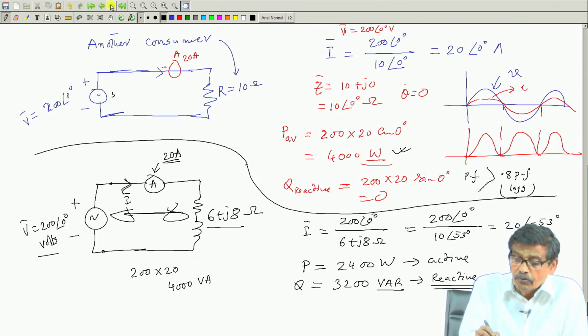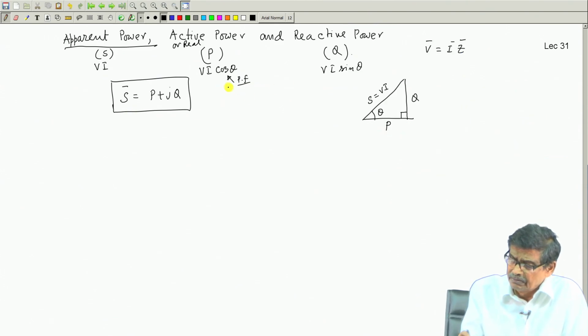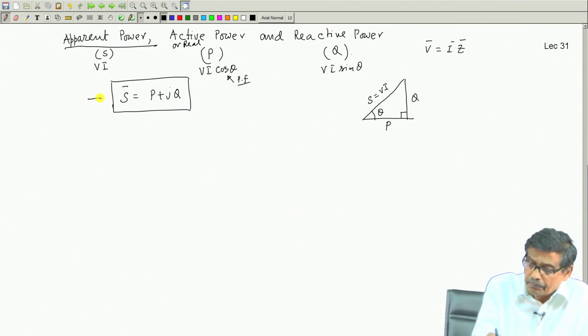Now, I will tell you one interesting thing, not a new thing, but how to compute this total power. This is the total complex power.